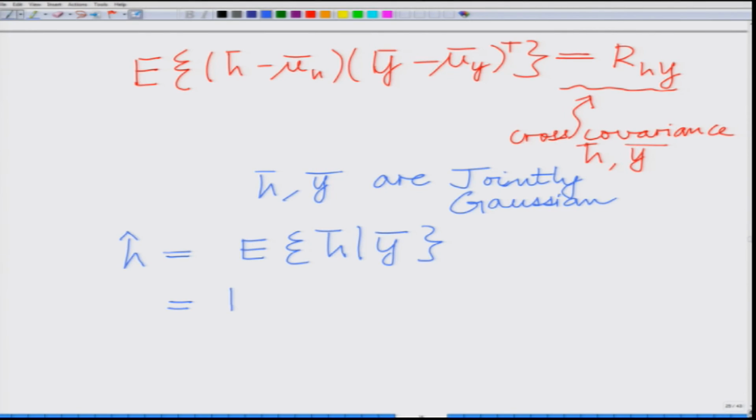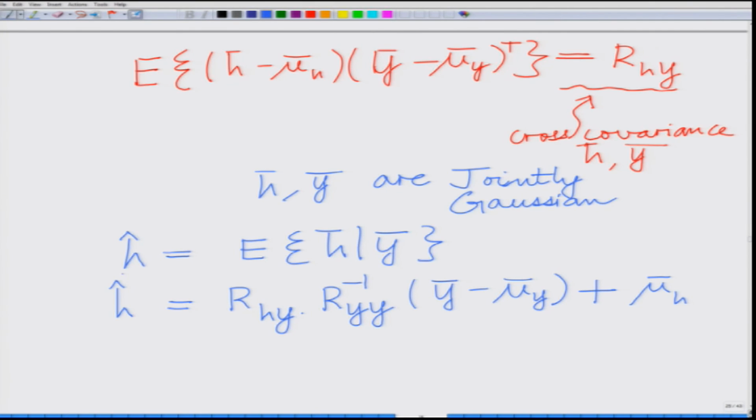So, I have R_hy R_yy inverse times (y bar minus mu bar y) plus mu bar h, that is, add the mean. Now, instead of the variances and the covariance, I am using the cross covariance matrix, and R_yy is the covariance matrix of y.